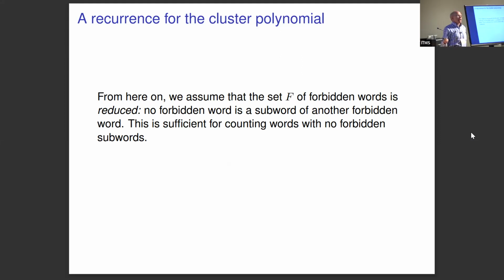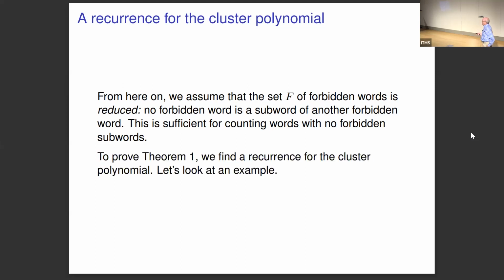So if I don't want to allow any forbidden words at all, then this is sufficient. In some applications, you do want to allow a forbidden word to be a subword of another one because you want to keep track of them. You might want to keep track of the number of ABs and the number of ABBs separately. But for what I'm going to do, if I'm not allowing any of them, this is sufficient.